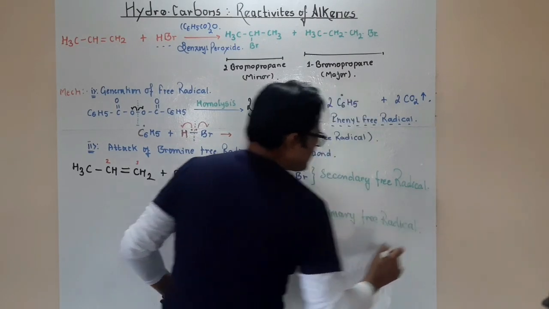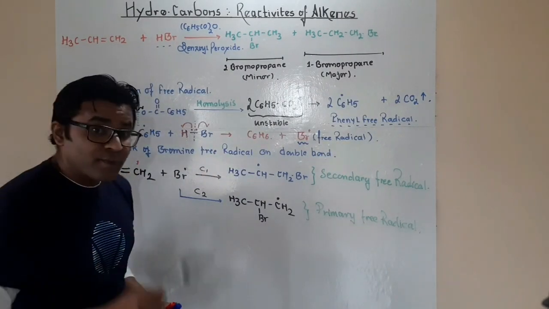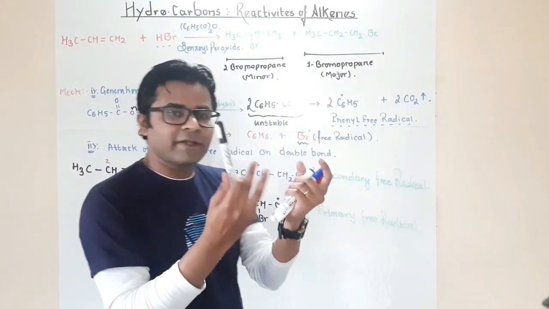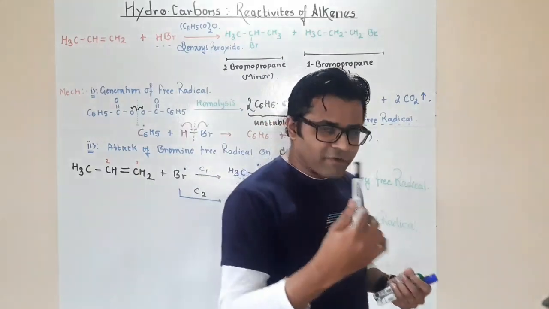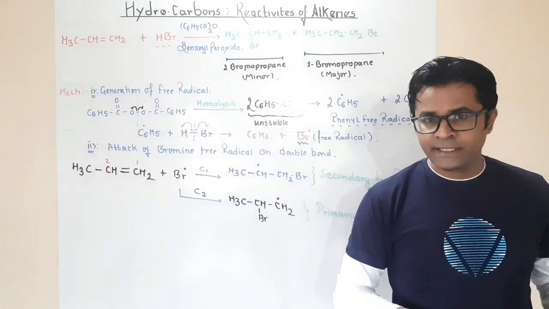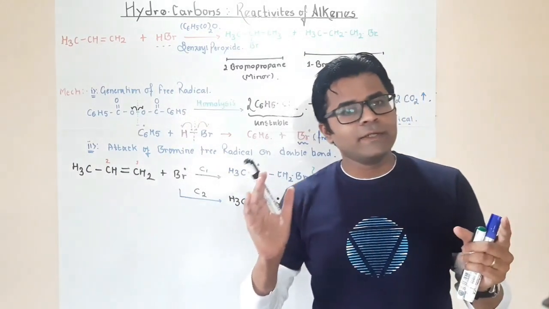Now, which is more stable? Secondary free radical. The more stable, the more is the rate of reactivity. The more the rate of reactivity, the more is the amount of the product that is going to be formed. So this is the sequence we need to understand.